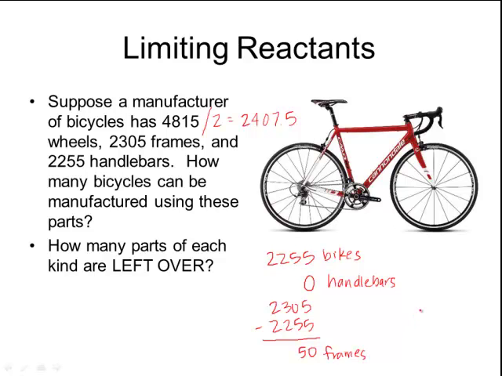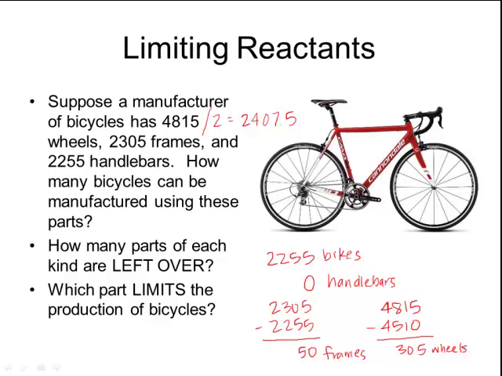I can also do the same thing with the wheels. If I start off with 4,815 wheels and I know that I need 2 wheels per bike, I can take this 2,255 bikes and multiply it times 2 and know that I'm actually going to use 4,510 wheels. If I subtract those 2 numbers, I will have 305 wheels left over.